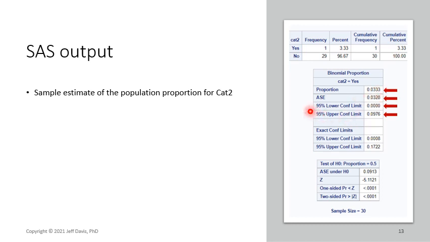When we calculate the 95% lower confidence limit and the 95% upper confidence limit, we get values of 0 and 0.0976, so roughly 0.10.